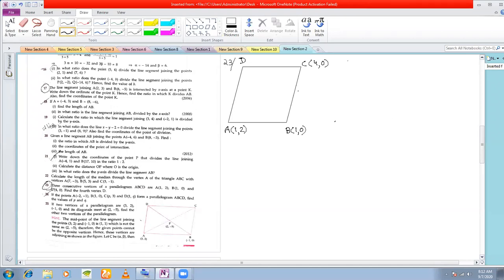So in order to find out the coordinates of D, let us assume the coordinates of D to be (a, b). So let the coordinates of D be (a, b). Also, what you do is you join the diagonals of this parallelogram.